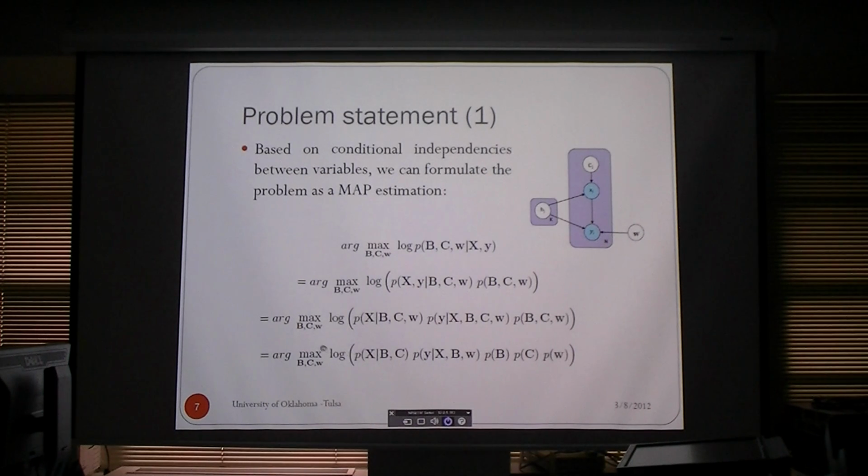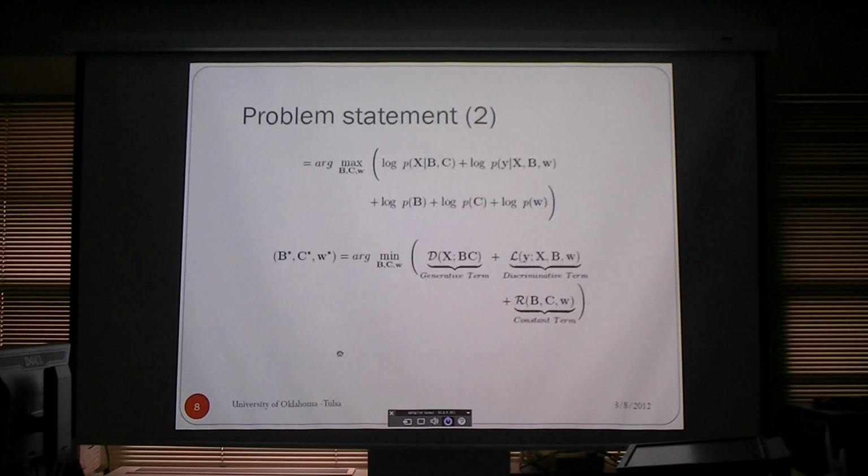And instead of finding the maximum of this function, we can find the minimum of the negative of this function. Here I assume, for example, minus log of P(X|BC) is D(X, BC), and each term corresponds to one component. This term corresponds to the generative term.